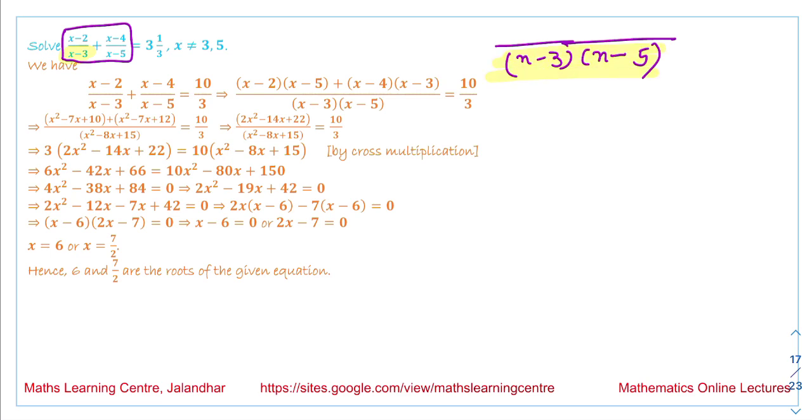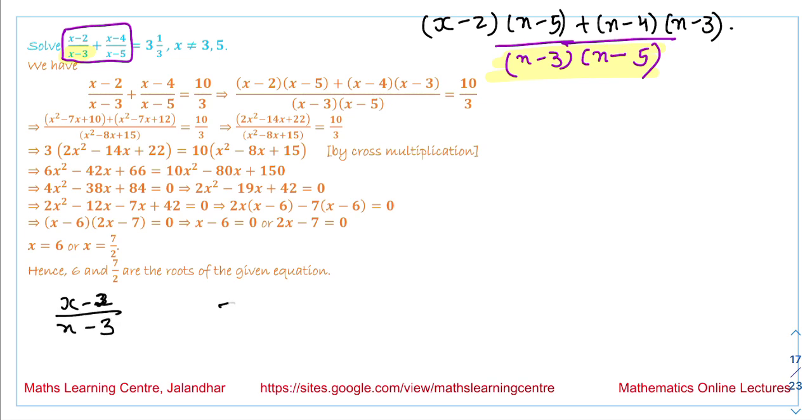So what we are left with is x minus 2 into x minus 5 plus x minus 4 into x minus 3. If you are not able to understand how we are getting these terms, what you can do is write the question that is given to us, it is x minus 2 over x minus 3 plus x minus 4 over x minus 5.